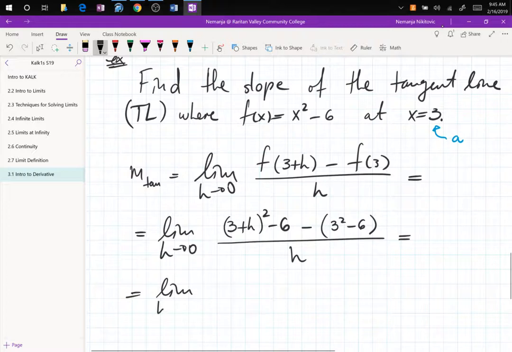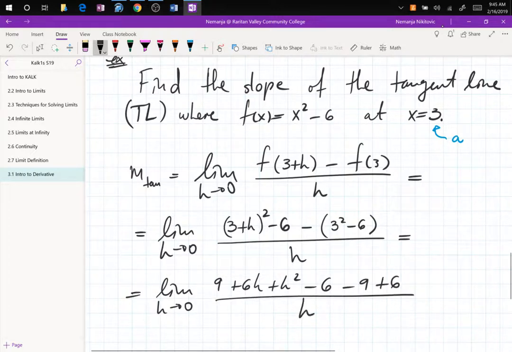Let's go do arithmetic now. When you expand, this is going to be 9 plus 6h plus h squared minus 6 minus 9 plus 6, divided by h.